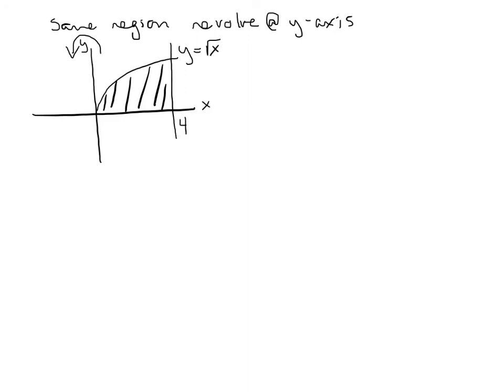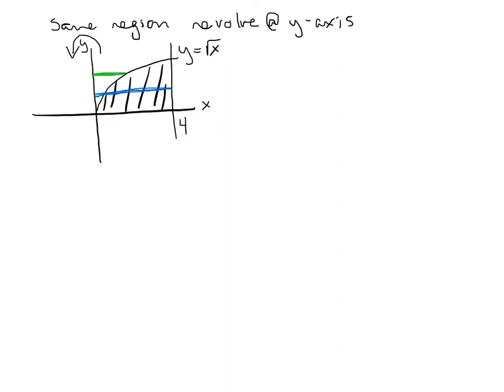All right, and remember the next thing that we would do is draw a radius in here. Now, if I'm revolving about the y-axis, if I start at the y-axis, I've got a radius from the y-axis all the way through to that x equals 4, and then I've got another one from there to the function.